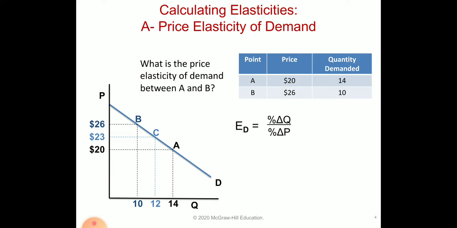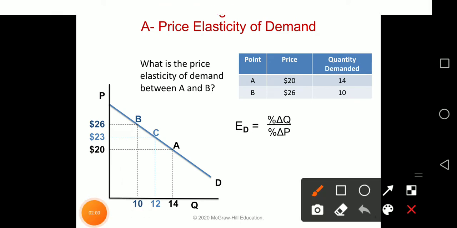I have here, what is the price elasticity of demand between A and B. So I have here price of A and price of B, this point and this point. For A it was 20, and for B it was 26. What happened to the quantity here for A?